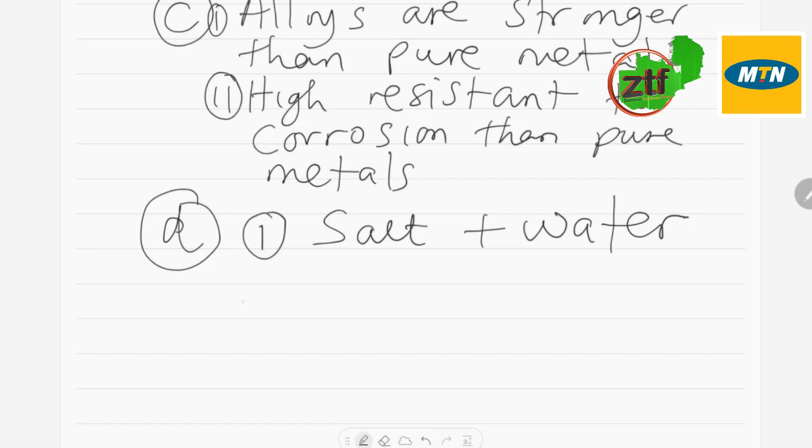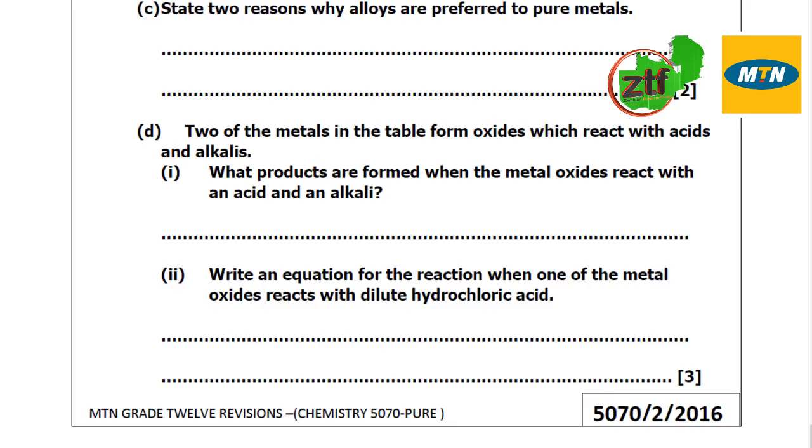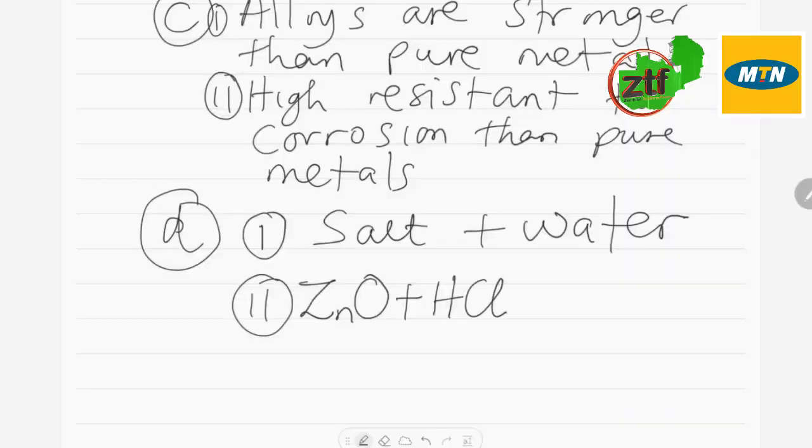Number 2, write an equation for the reaction when one metal oxide reacts with dilute hydrochloric acid. In this case, we can use a metal oxide such as zinc oxide plus the acid given in this case is hydrochloric acid, HCl.